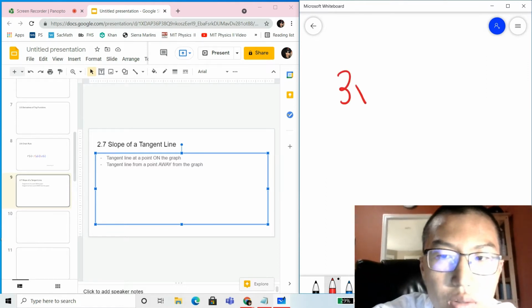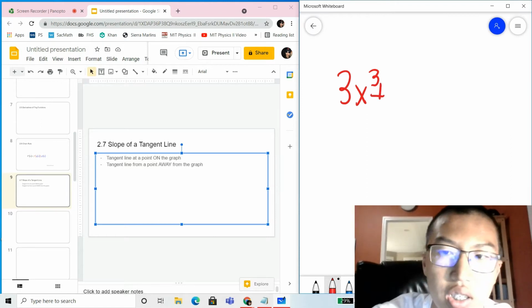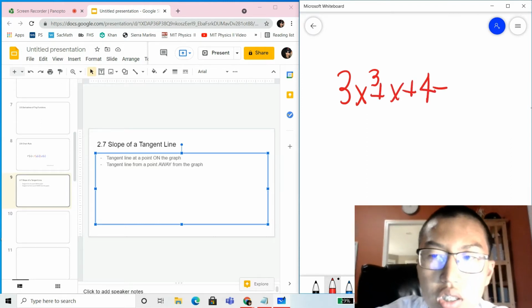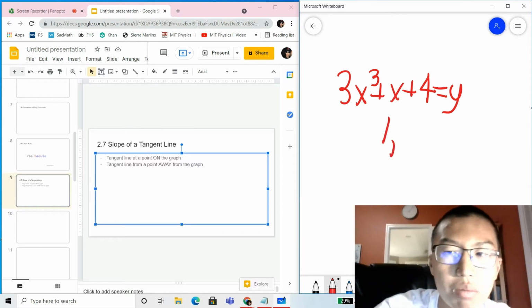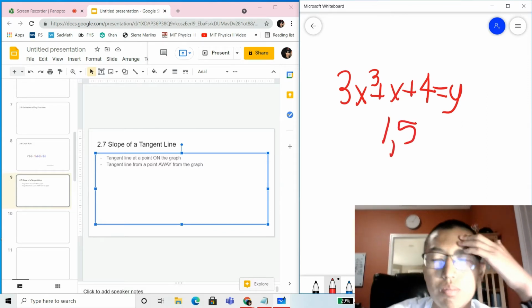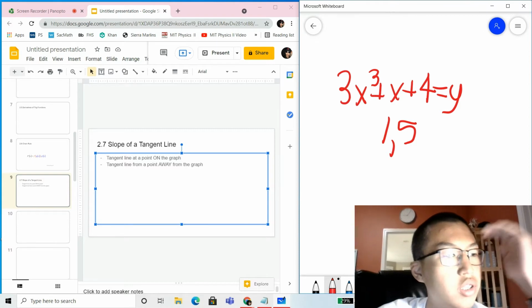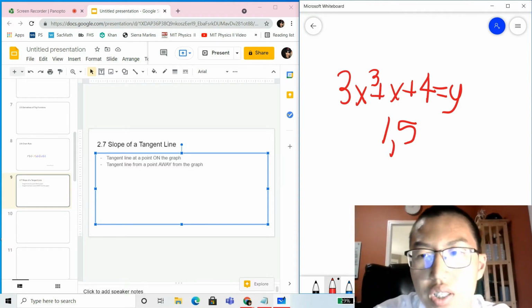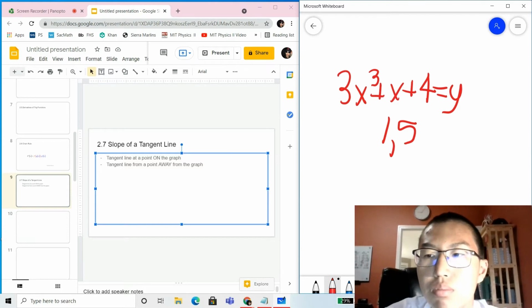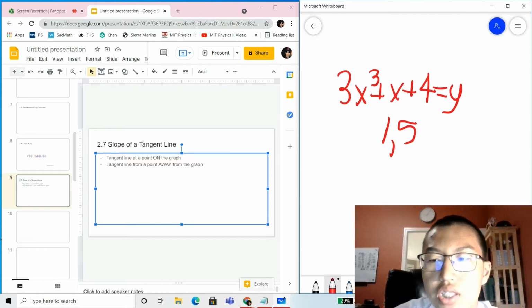Now we have the equation y equals 3x cubed plus x plus 4. But (1, 5) is not on the graph. So what do we do? Well, the slope of the line is going to be y2 minus y1 over x2 minus x1.